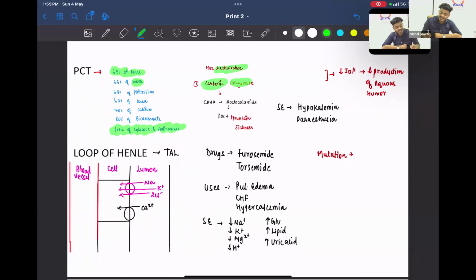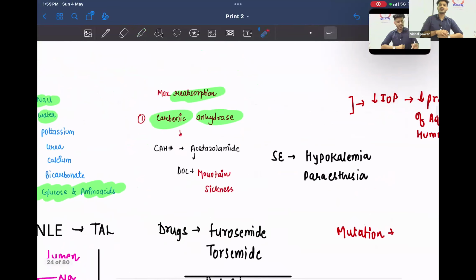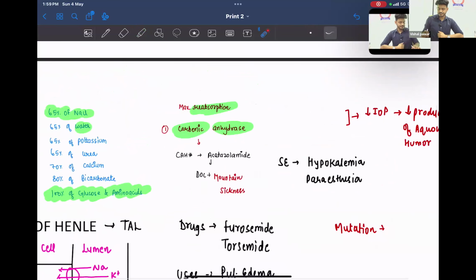It will be having certain enzymes like the carbonic anhydrase pump. And what is the drug that will be working on carbonic anhydrase? This drug is known as acetazolamide. This acetazolamide is the drug which is working on the carbonic anhydrase pump, and it is the drug of choice for mountain sickness. Side effects you can remember: hypokalemia and paresthesias can happen.